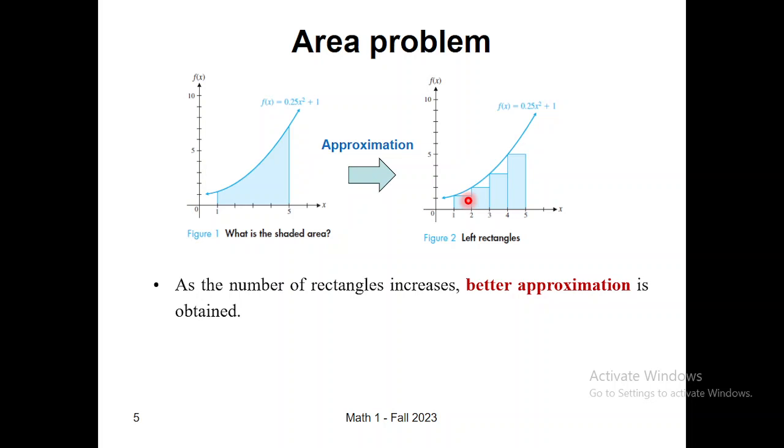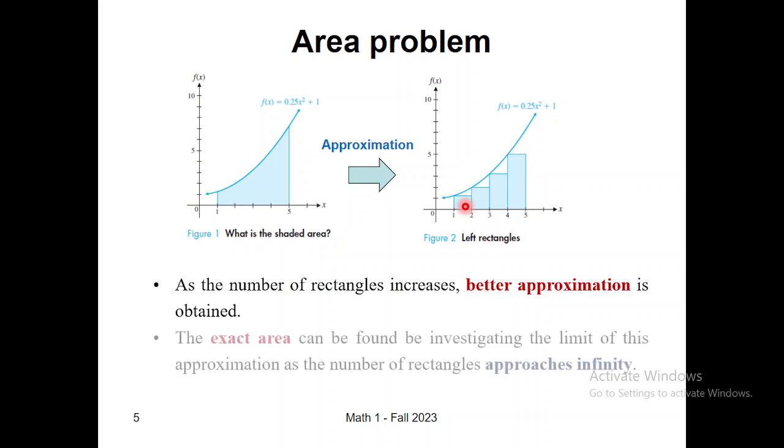You can say that the actual area is the limit of this summation of such areas as the number of rectangles approaches infinity, when the step size you take to divide this interval into n sub-intervals approaches 0. So the exact area is defined as a limit of a sum.